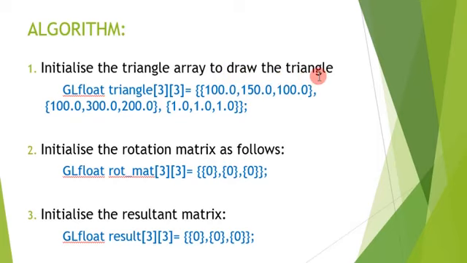Before we start with the actual creation of the triangle, we have to initialize the triangle array to draw the triangle. Now here you can see we have used the GL float with 3 by 3 matrix, right? So 3 by 3 is nothing but the three vertices of the triangle that we are using.